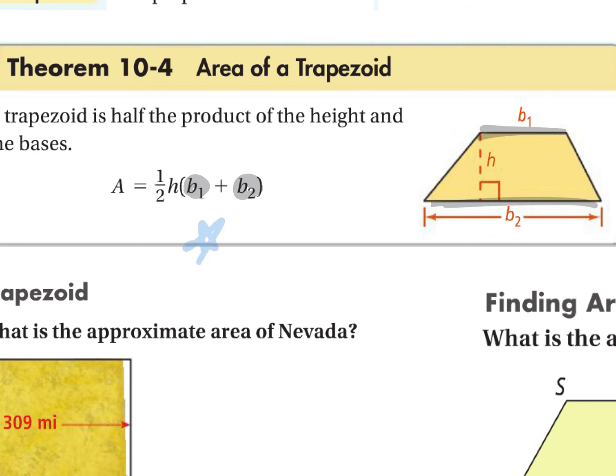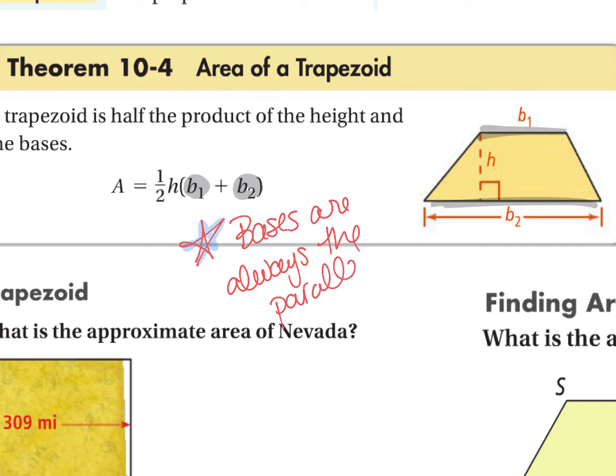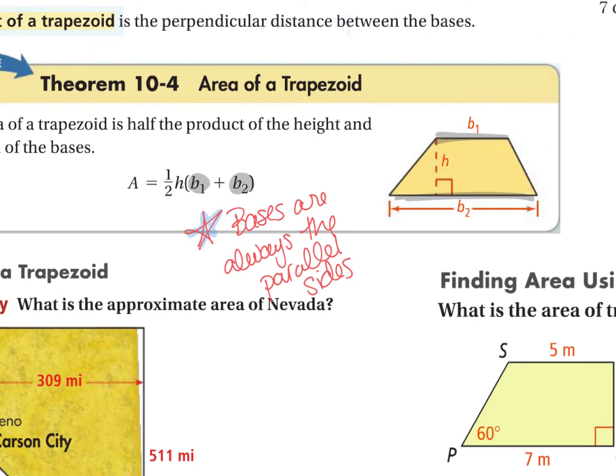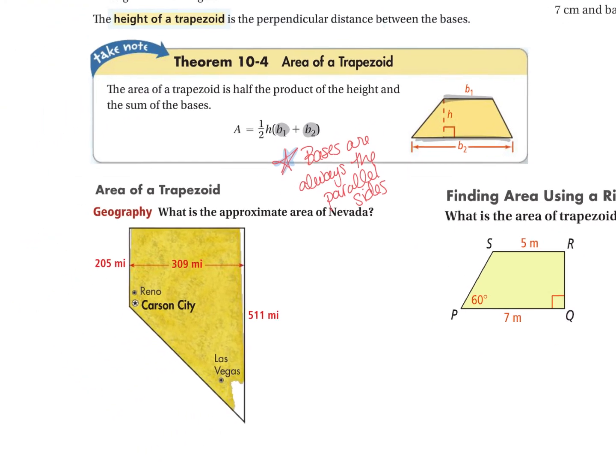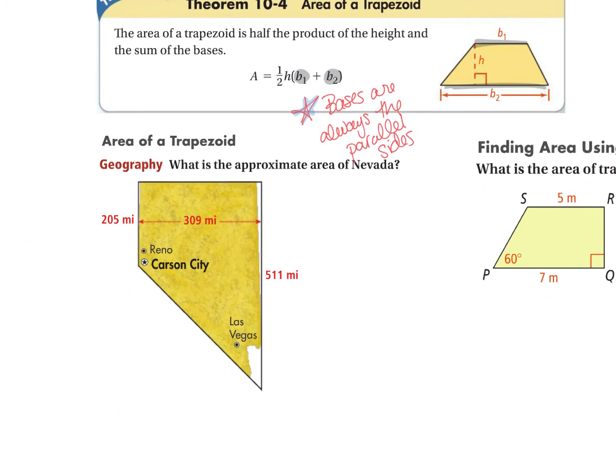Something to note is whenever you're doing these, your bases are always the parallel sides. Okay, sometimes it's hard to see them. So the B1 and B2 is always going to be the one set of parallel sides. Okay, so here's how this is a trapezoid.